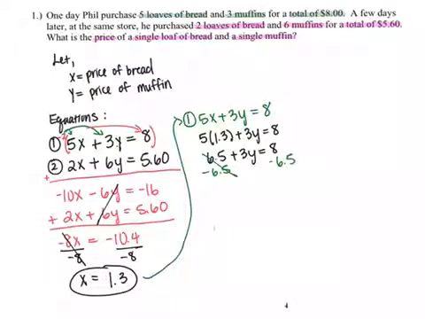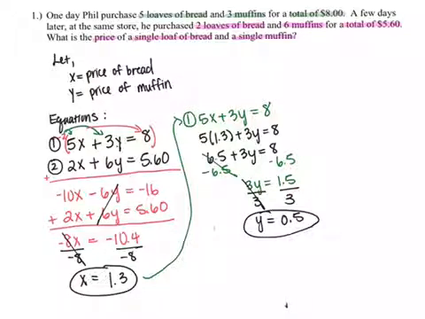The 6.5's cancel, bringing down your 3y. 8 minus 6.5 is 1.5. And then we need to divide both sides by 3 to cancel out that 3 on the y. The 3's cancel out, so y is equal to 1.5 divided by 3, which gives me 0.5.